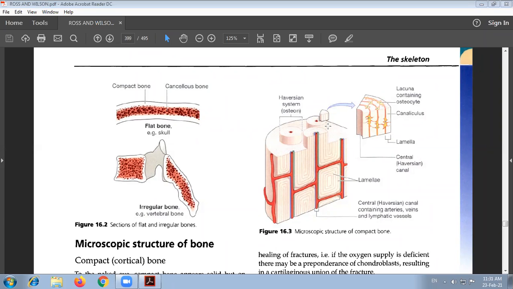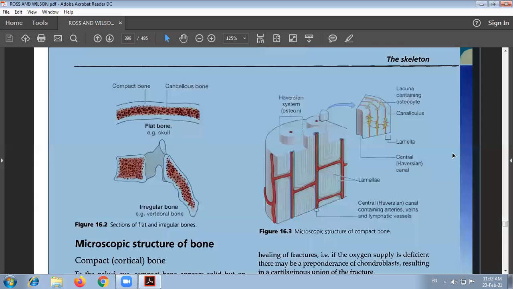The lacuna, which is a part of this Haversian system, shows this kind of structure. This is the canal through which the blood vessel is passing, and this is the lamellae, and inside it has a canaliculus, then osteocytes, which are nothing but the bone cells.